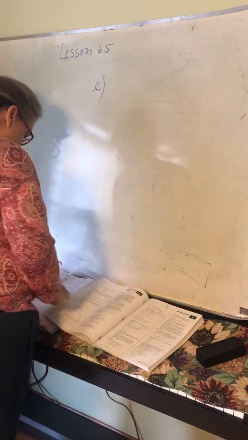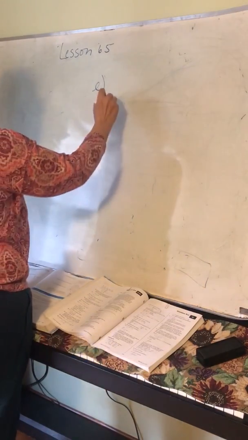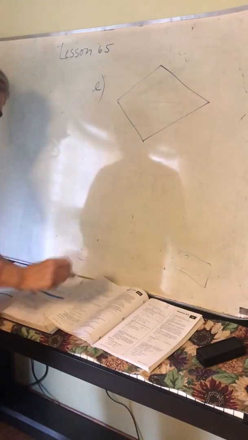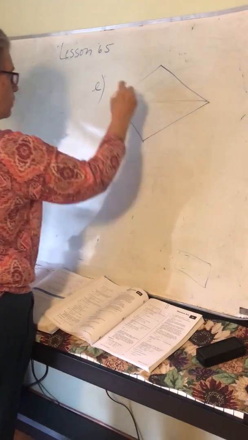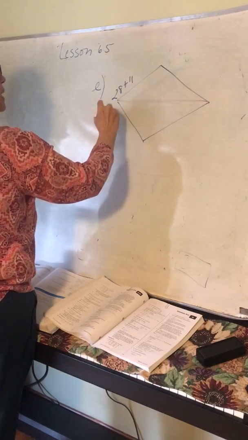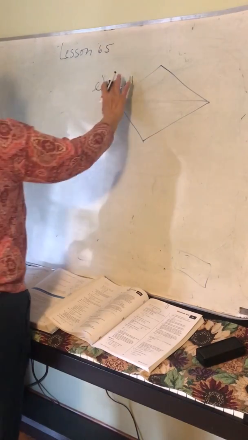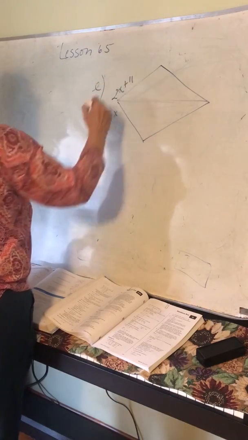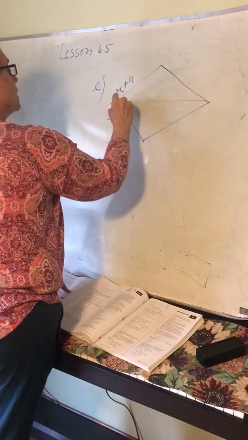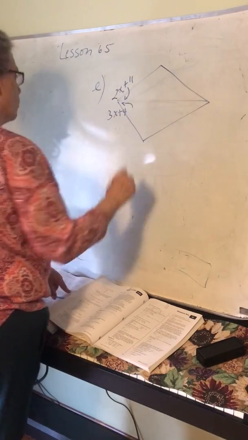E wants to know if this parallelogram is a rhombus. So we have 2x plus 11 and 3x plus 4. So this is this angle measure, this is this angle measure.